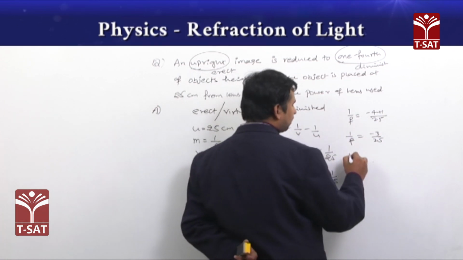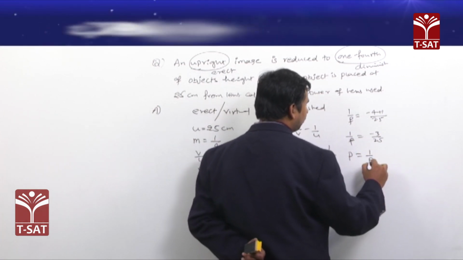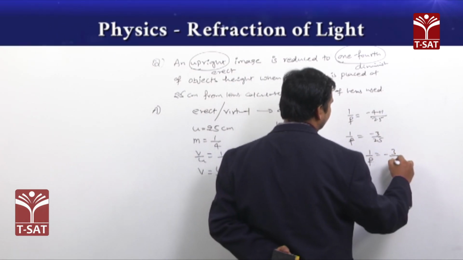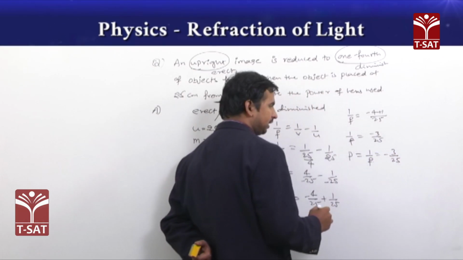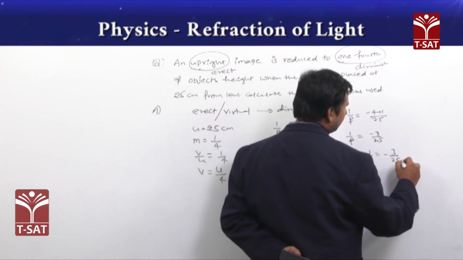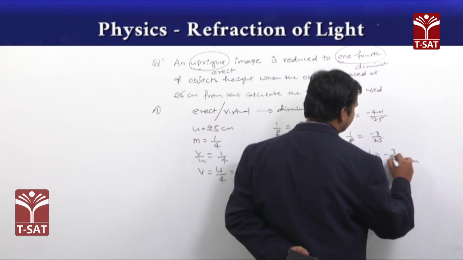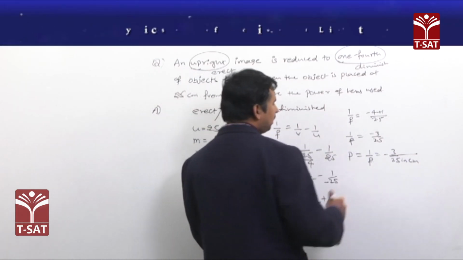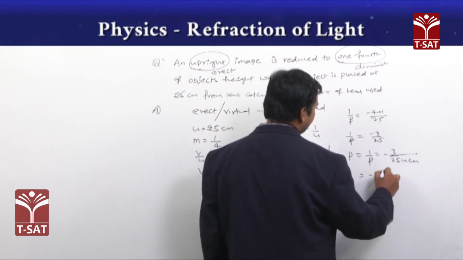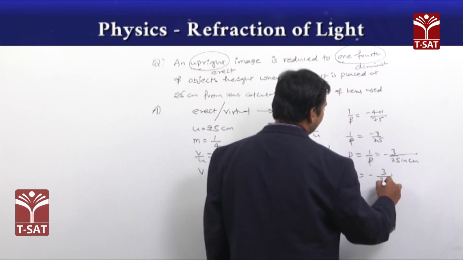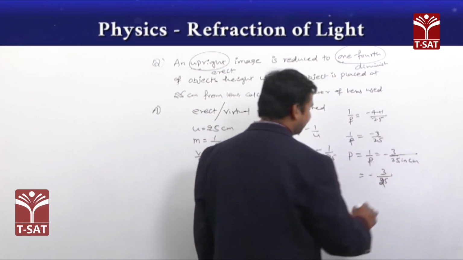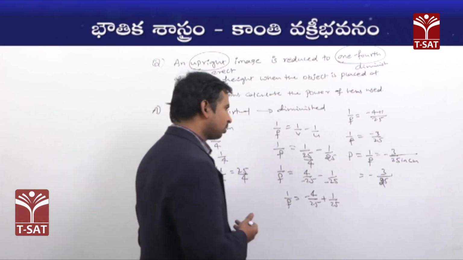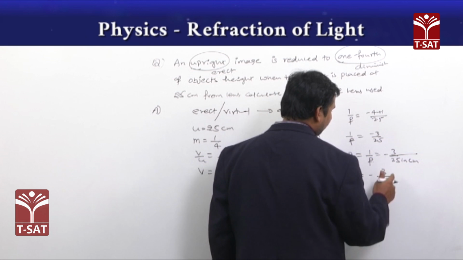Okay. Then what we need here is to find the power of the lens. So the power of the lens P is nothing but 1/f. That 1/f value we got is minus 3/25, but this focal length is in centimeters. So we have to take the focal length in terms of meters. If we convert centimeters into meters, we have to multiply with 1/100.